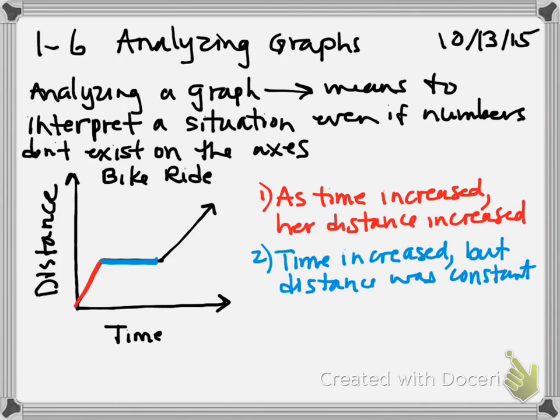So we could come up with a conjecture. She was off her bike. So during that blue time, she wasn't riding her bike. Time still goes on because time doesn't stop.